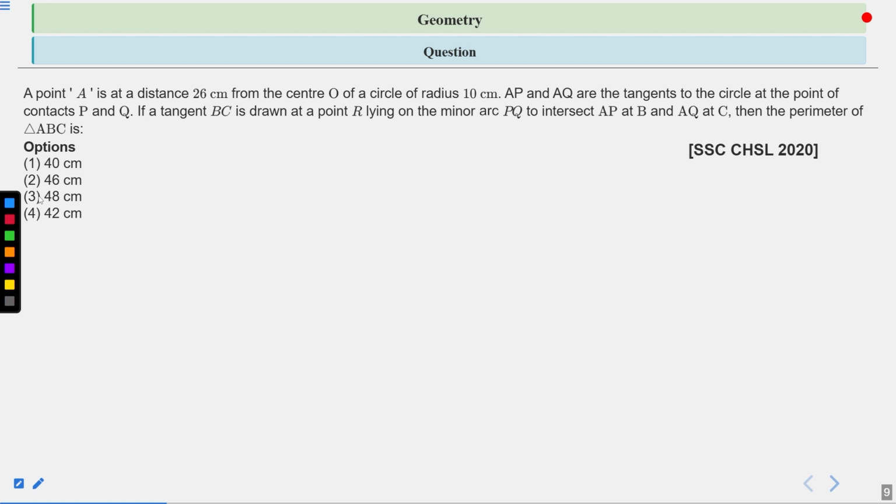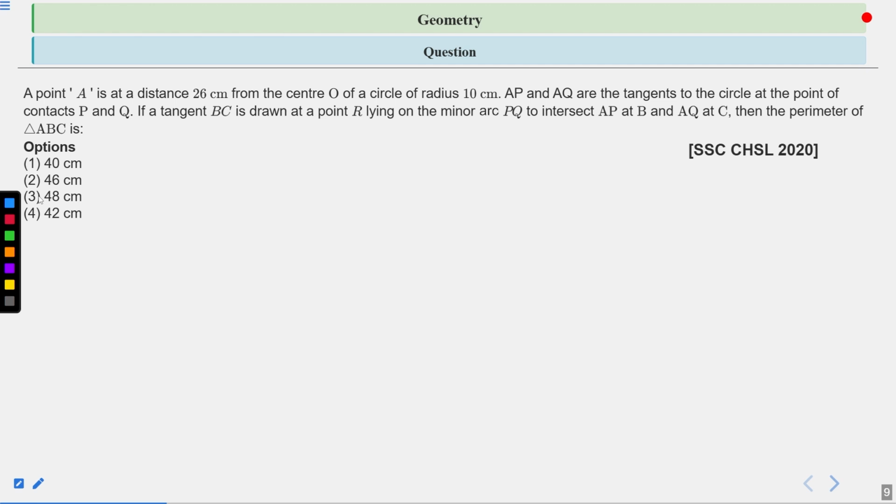A point A is at a distance of 26 centimeters from the center O of a circle of radius 10 centimeters. AP and AQ are the tangents to the circle at the points of contact P and Q. If a tangent BC is drawn at a point R lying on the minor arc PQ, to intersect AP at B and AQ at C, then the perimeter of the triangle ABC is.